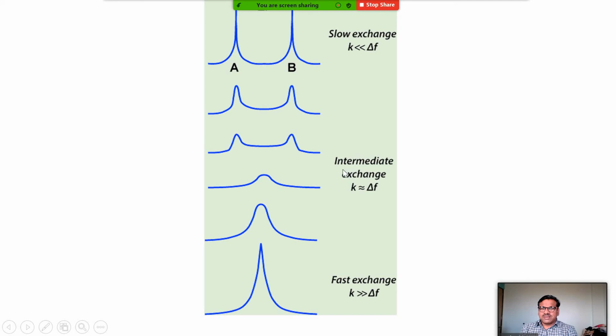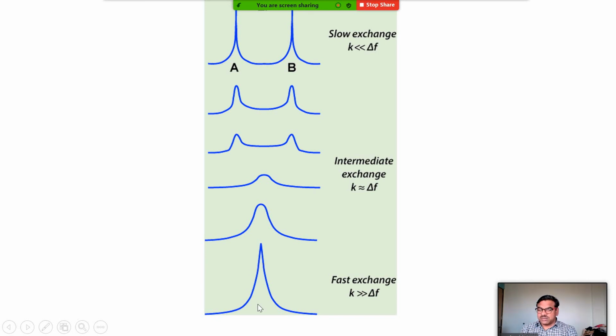When we have intermediate exchange, you are getting only a broad peak instead of a very sharp peak. If you get a broad peak, it indicates that intermediate exchange is there. It is a medium exchange. And when we have fast exchange, look at this. When fast exchange is there, the peak is also broad but not sharp, and the height of this peak and the height of the first peak are different. The first peaks are really sharp, but in the last, in fast exchange, the peak is not sharp.